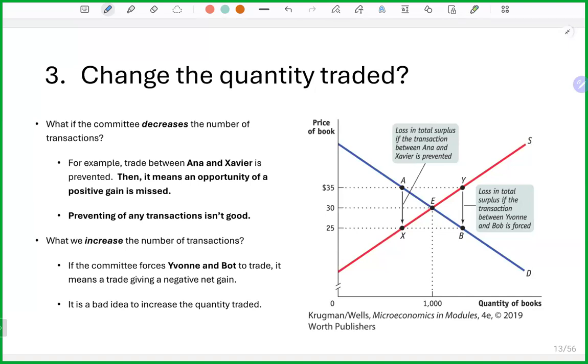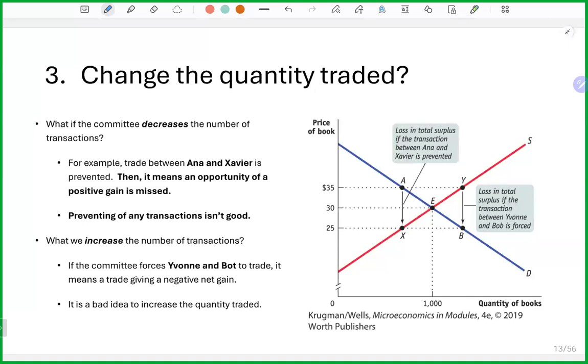But what if you want to decrease the quantity transacted? Let's change the quantity of transactions to 999.